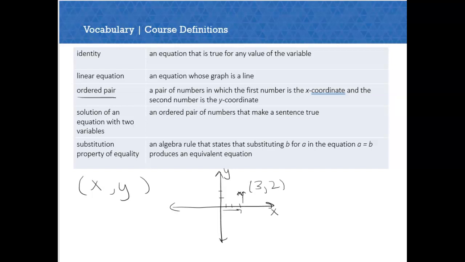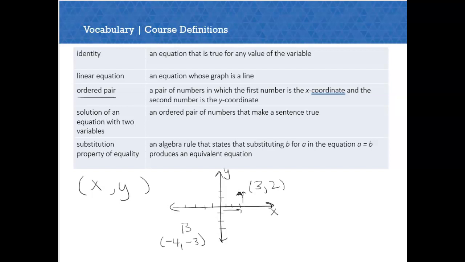Let's call this point A. Point B down here is (-4, -3). So the ordered pair are these coordinates.